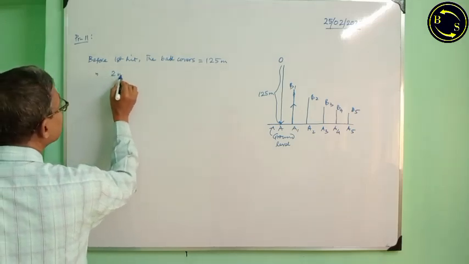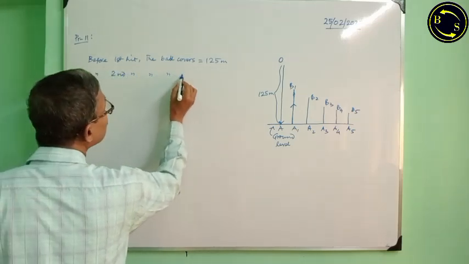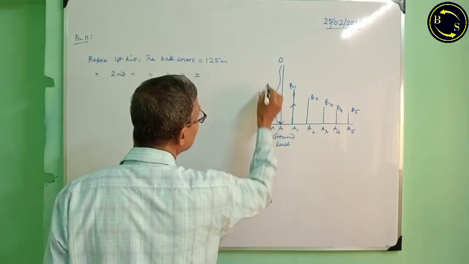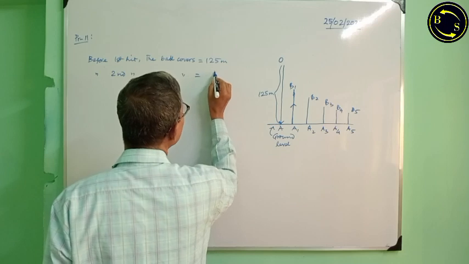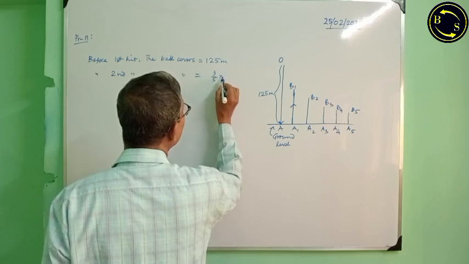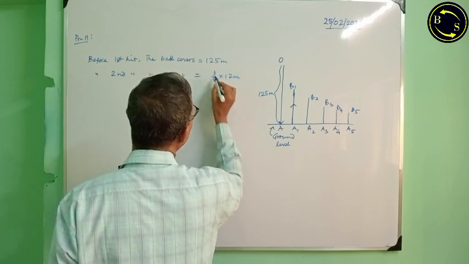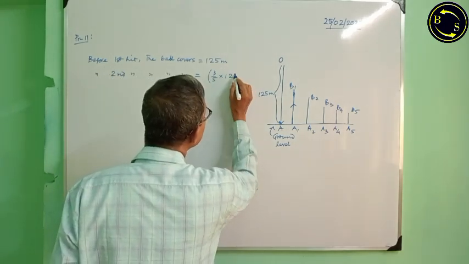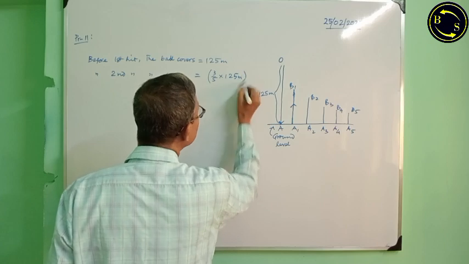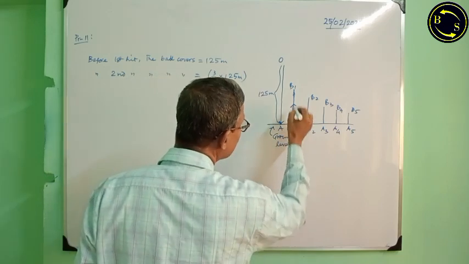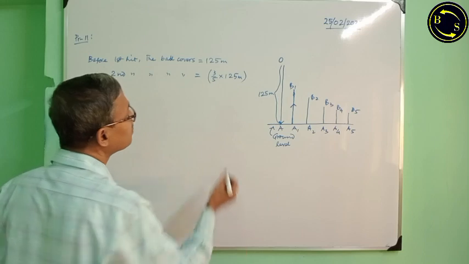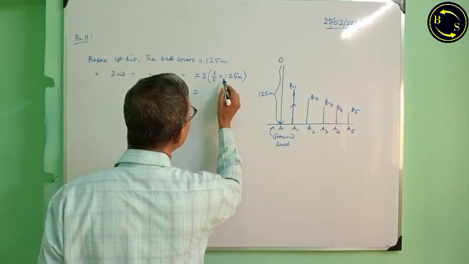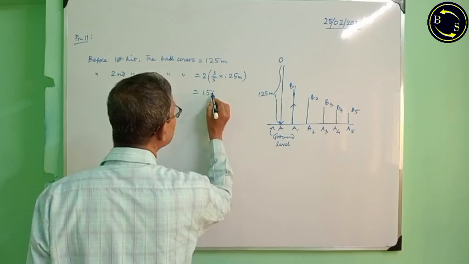Before the second hit, the ball covers, first of all, 3/5 of 125 meter. Again, after hitting it, it bounces back, therefore 2 times of that. After calculation, it will be 150 meters.